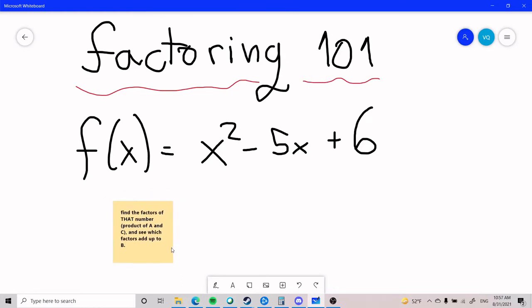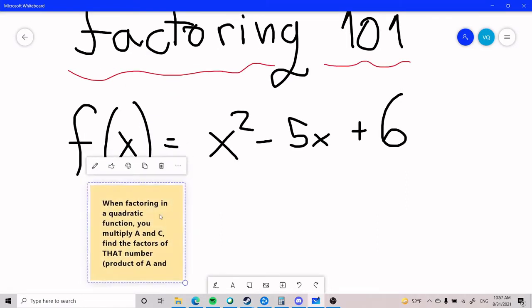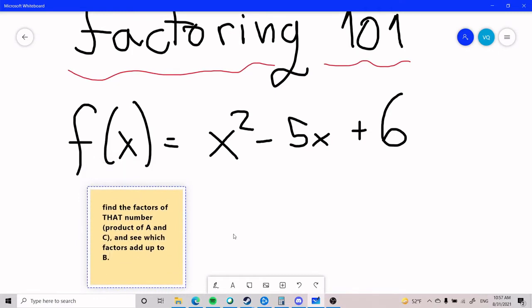Okay? I'm going to read that again. When factoring in a quadratic function, you multiply a and c, find the factors of that number, the product of a and c, and see which factors add up to b.